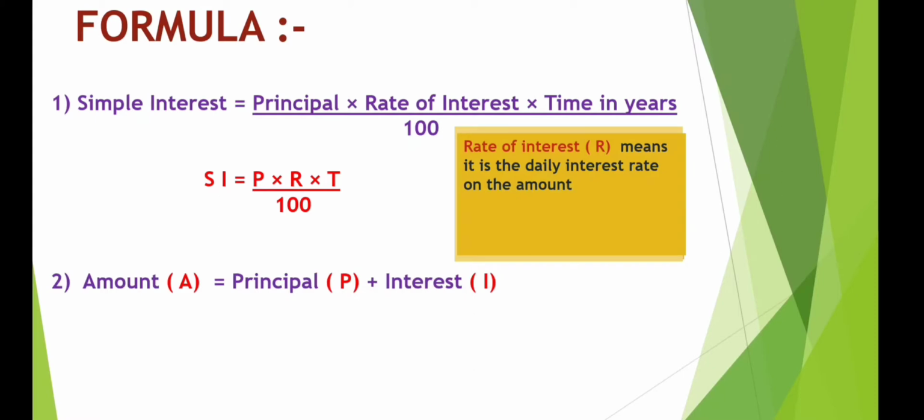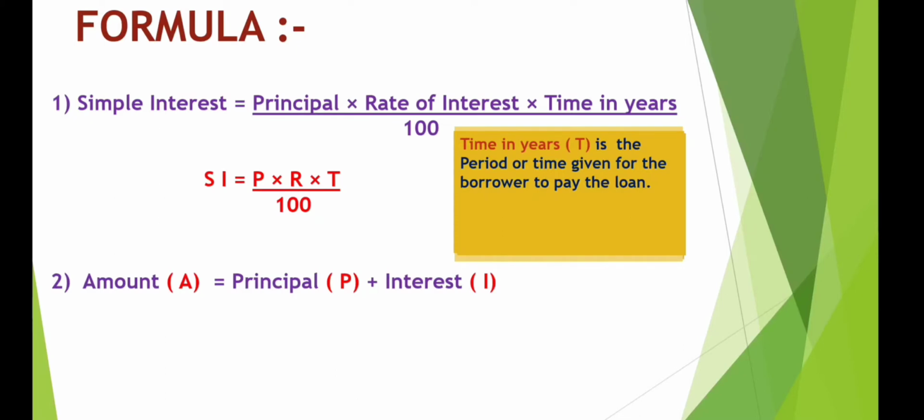Rate of interest is denoted by R. It is the daily interest rate on the particular amount. Time in years is denoted by capital T. It is the time given for the borrower to pay the loan in a particular bank. Now this formula is divided by 100.